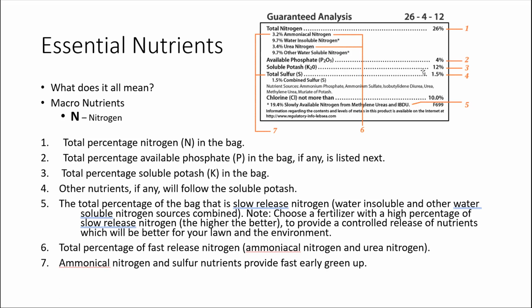If there's any significant amount of nutrients beyond the nitrogen, phosphorus, and potassium, it will typically be listed next. Okay? In this case, there's 1.5% combined sulfur.